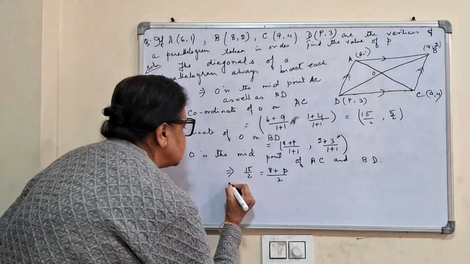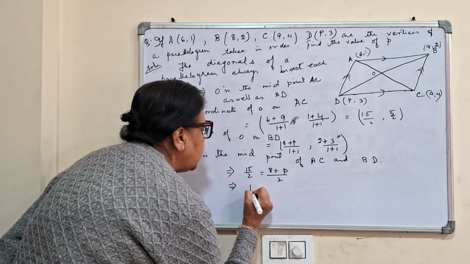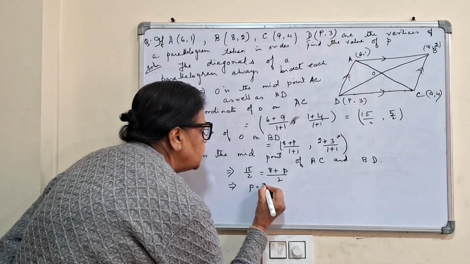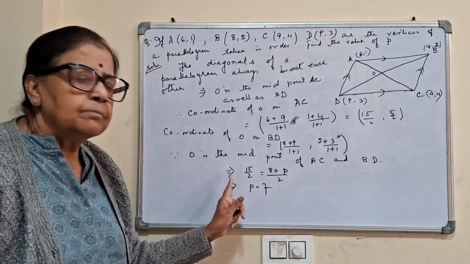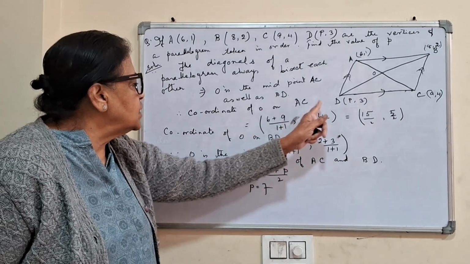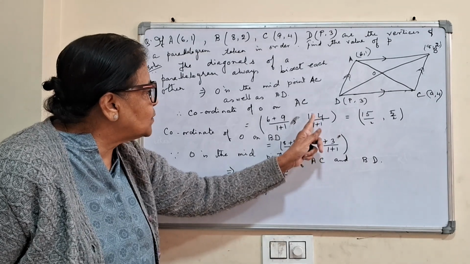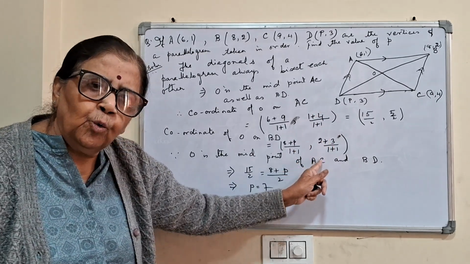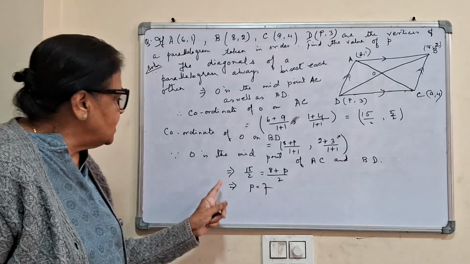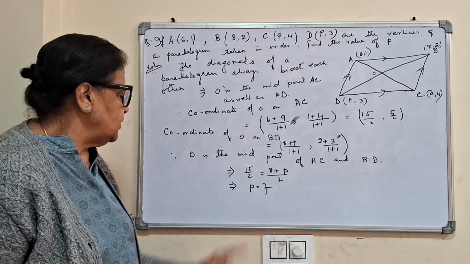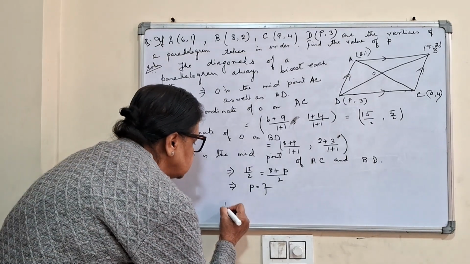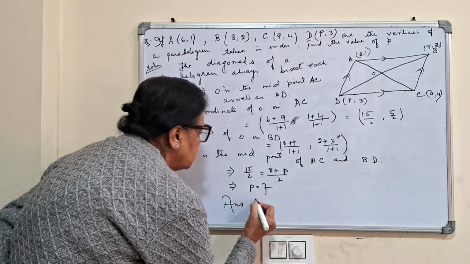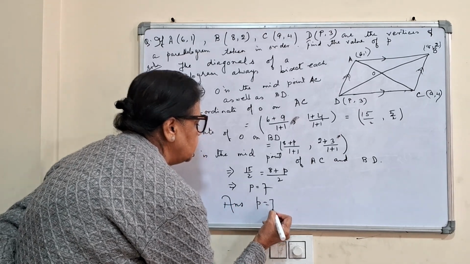Then implies P is equal to 7. Yes, P is equal to 7 because these two are equal. These two are also equal, already it is 5 by 2, it is also 5 by 2. Okay. So P is 7. Therefore, find the value of P they have asked. Answer, P is equal to 7.